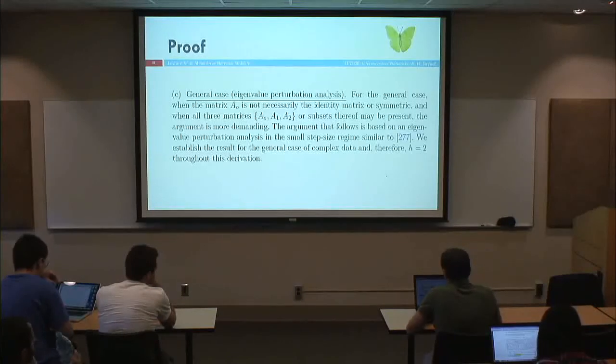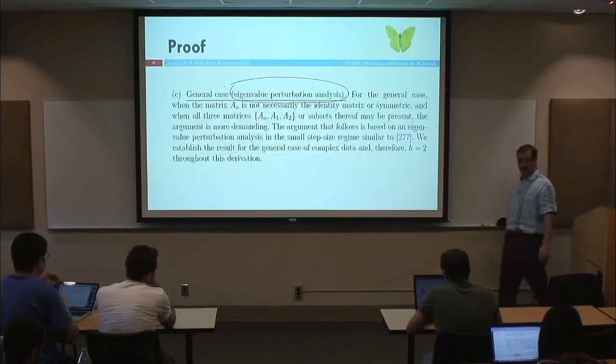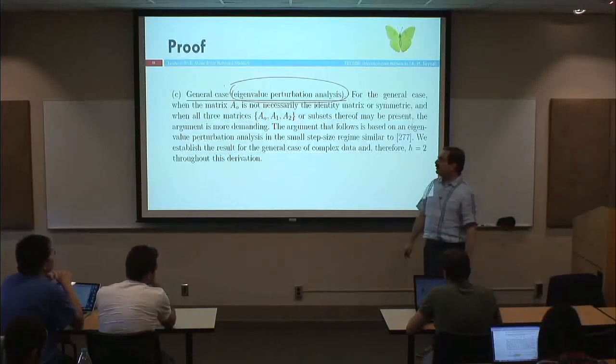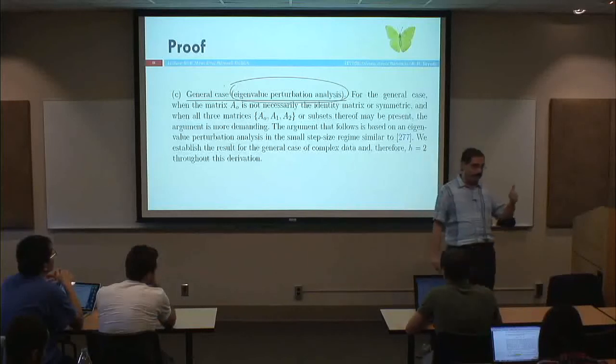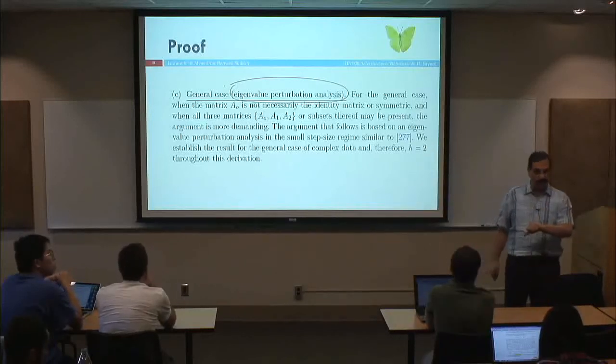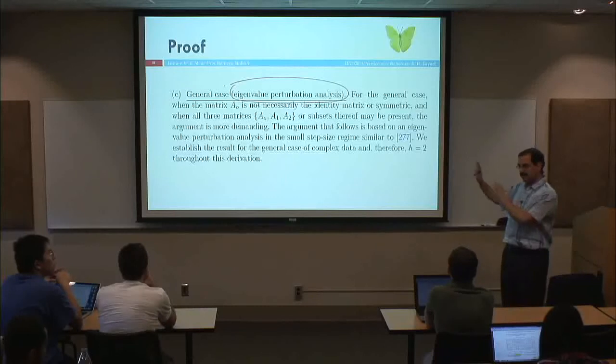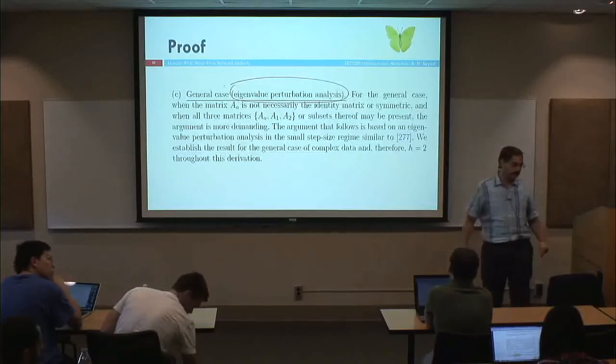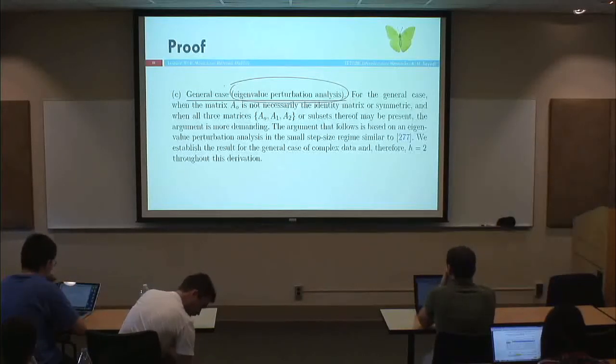So for this more general argument, I'm going to use eigenvalue perturbation analysis to prove it. I'm going to apply the Gershgorin theorem, which I'm going to review; we saw it before, and we're going to see an application of it here. So what is this result?